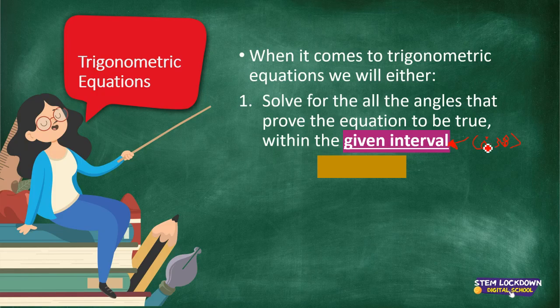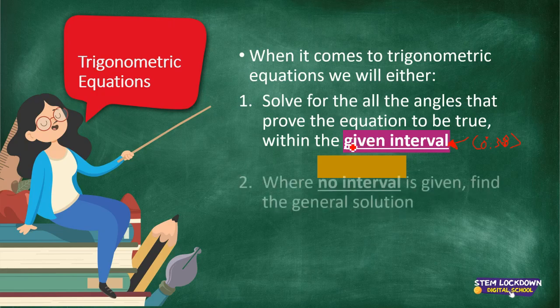And so that changes our answer on our previous page, because the minus 270 degrees for theta is no longer valid. The theta of 540 degrees is also not valid. Your valid answer is the 90 degrees, purely because you are working within a given interval.